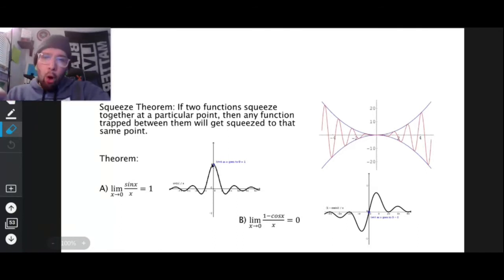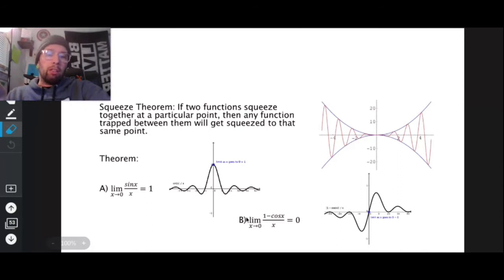There's a hole there in reality. If I said, what's f of 0 of sine x over x, the answer is it doesn't exist. However, its limit does exist because the left side goes to it and the right side goes to it, and they both go to 1.